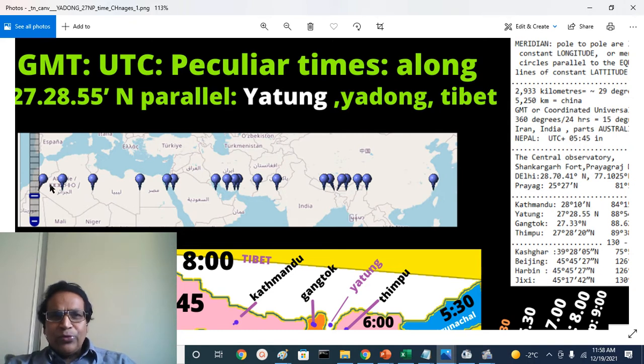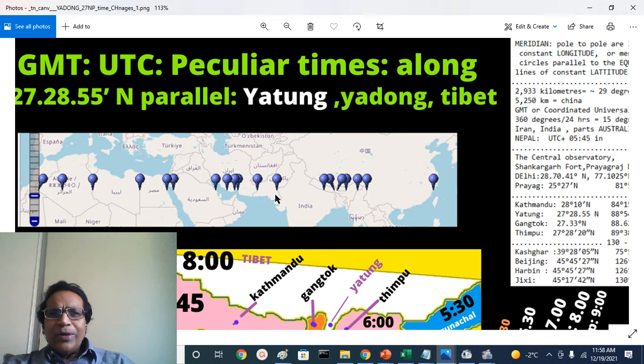As you move across every 15 degrees, there will be 1 hour ahead, because we are going towards the east. If you go towards the west, that is 1 hour less for every 15 degrees.